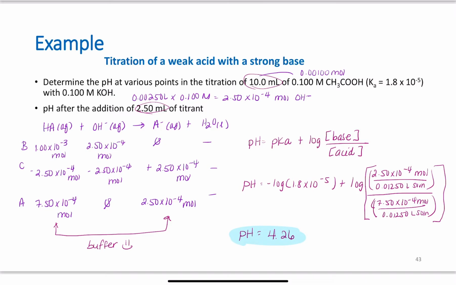So if I've added 2.5 mils of titrant, I've reached a pH of 4.26.